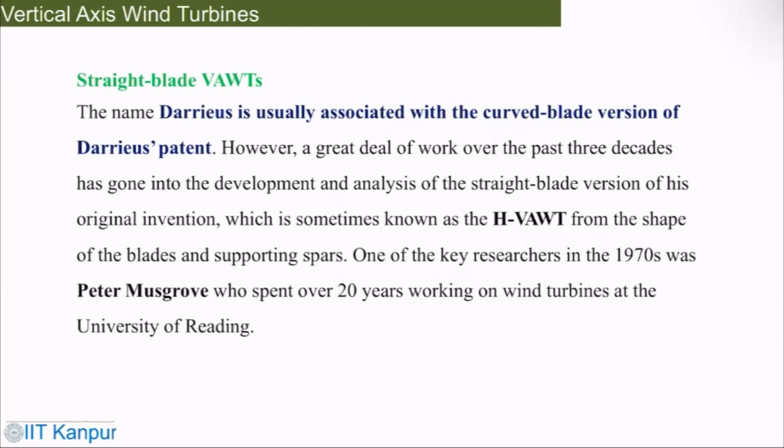Now, if we come to a little more detail about the straight blade vertical axis wind turbine, the name Darrieus is usually associated with the curved blade version of the Darrieus patent.